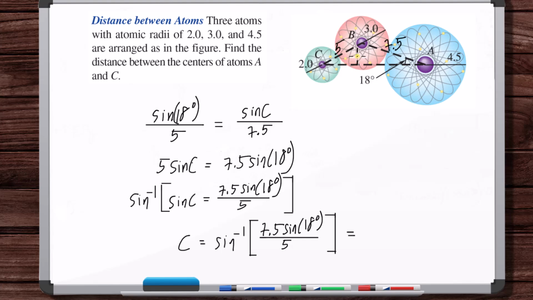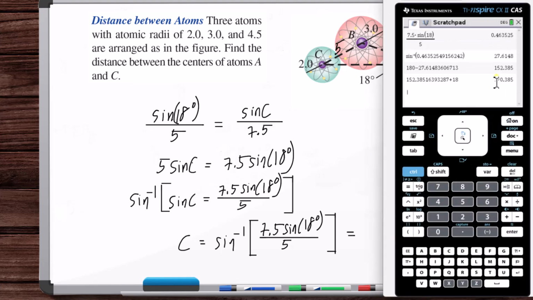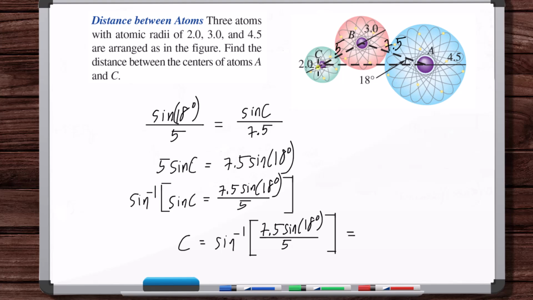Well, okay, maybe we can look at the constraints of this and see that there's no way that angle C could be 152. I mean, visually we can see that there's no way this could be 152 degrees. Because this side of the triangle is going to 100% have to be the longest side of the triangle because of the way it's set up. Think about it, these two atoms are directly next to each other.